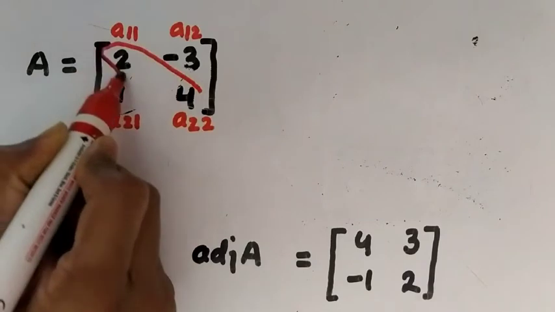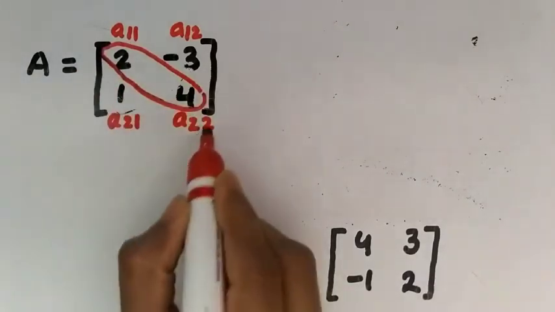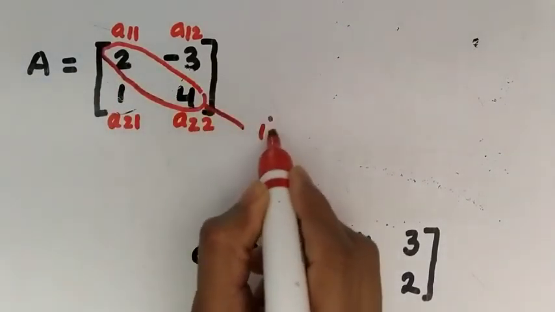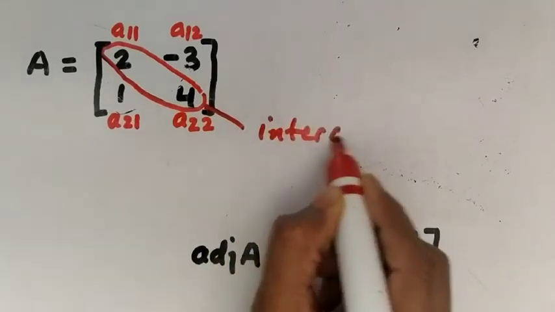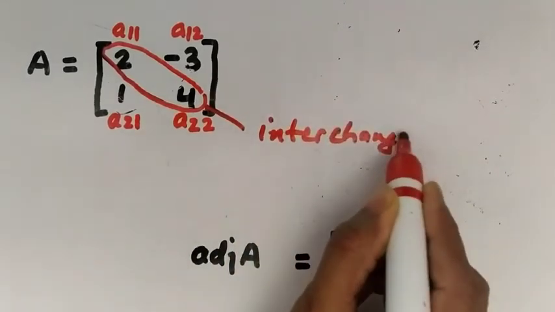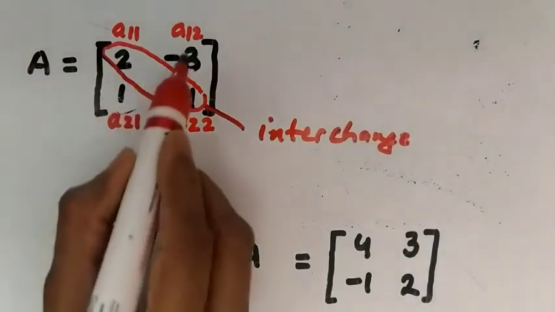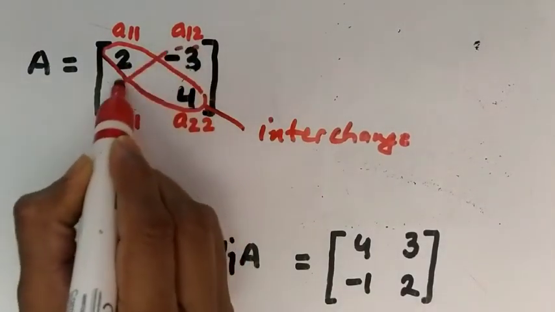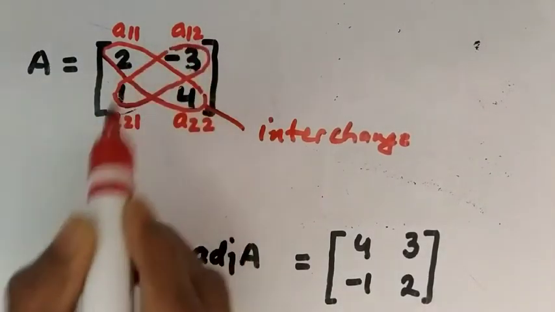So students, we can write here: diagonal elements just interchange, and non-diagonal elements change sign.